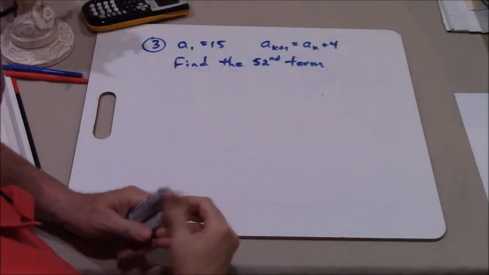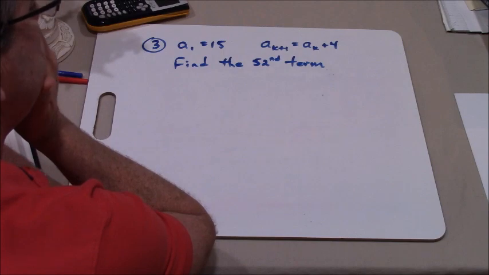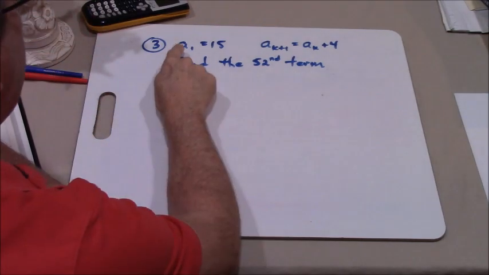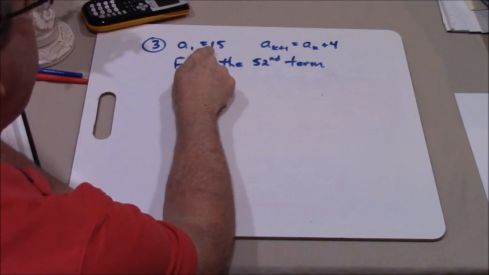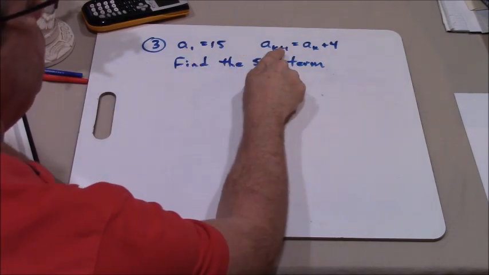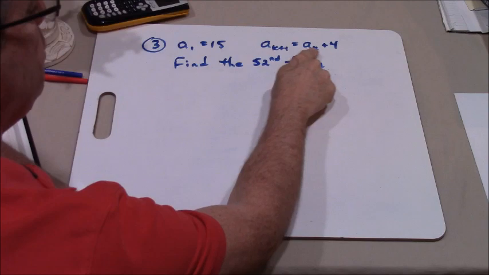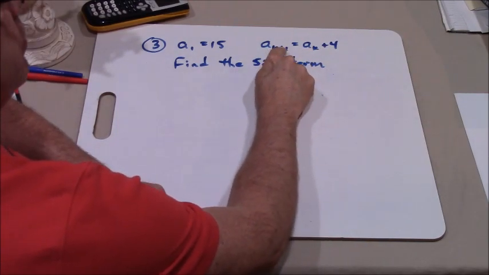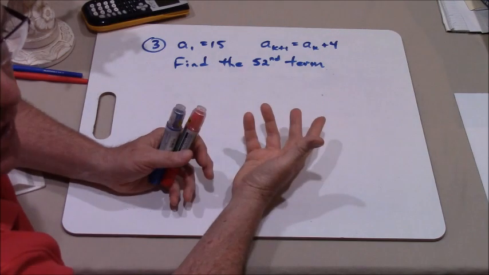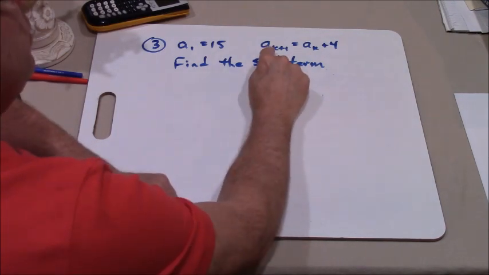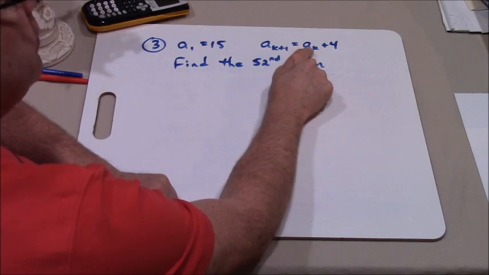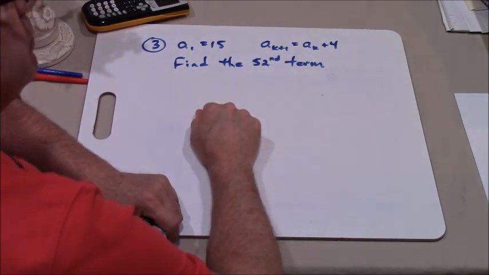All right, so here's another problem. It's really the same problem, it's just being asked in a different way. Right here, okay, our first term is 15. We look over this and it's, oh my gosh, what are they trying to say? Well, this k plus 1, and k is the same as the n value, okay? So what that means is the next term after this one, you get it by adding 4.